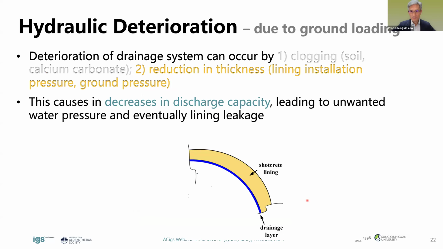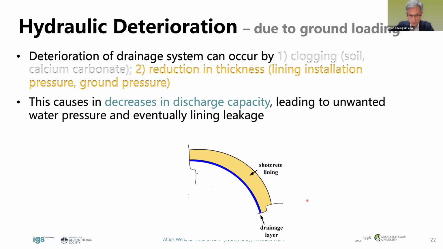Another major reason for drainage system deterioration is additional pressure imposed after the installation of the drainage layer. As I mentioned, after excavation, the ground can deform against the concrete lining, so the drainage layer is subject to normal pressure acting against it.